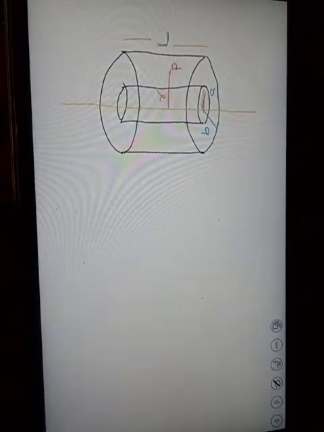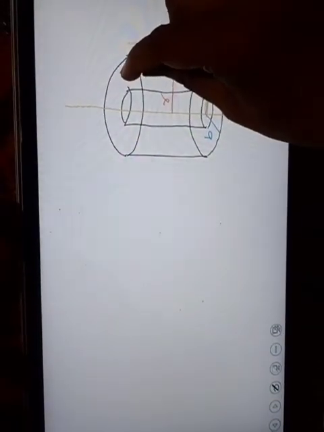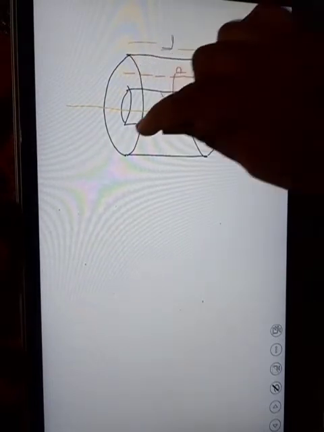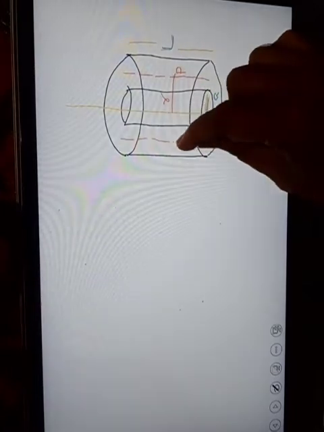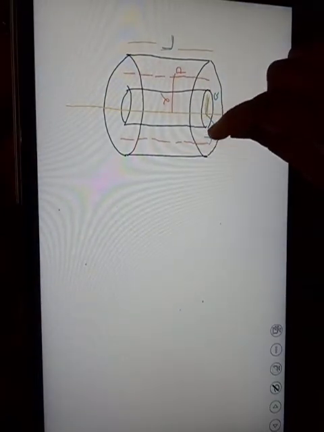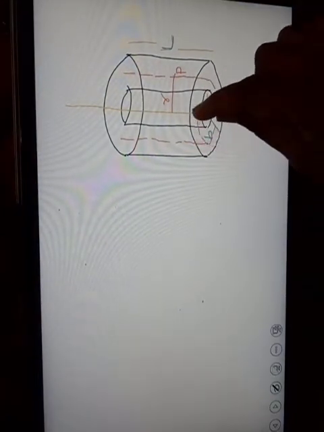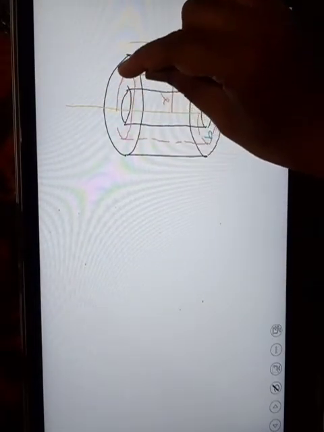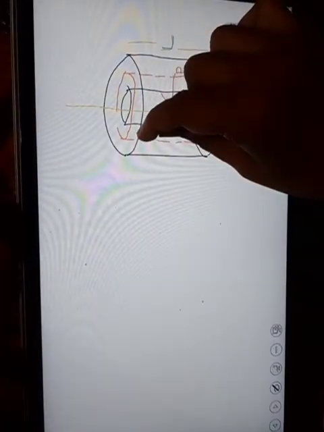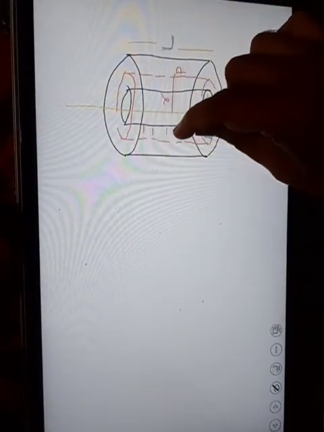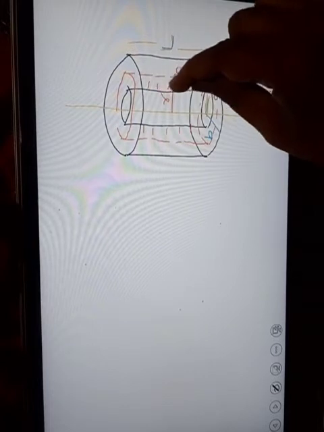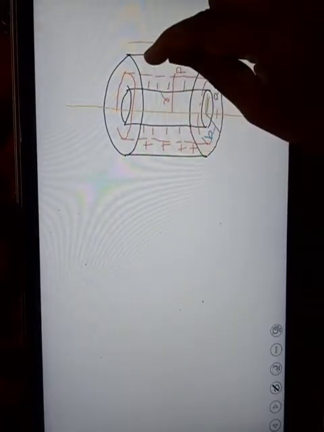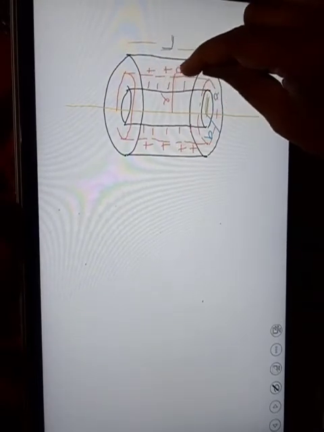You can imagine a Gaussian surface passing through the point P. Here the inner cylinder carries negative charge and the outer surface carries positive charge.